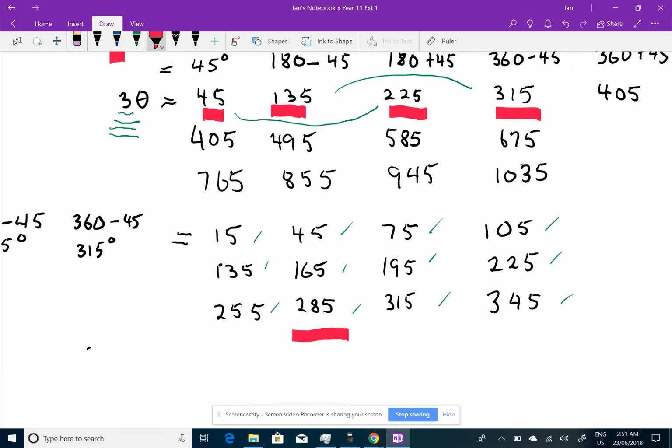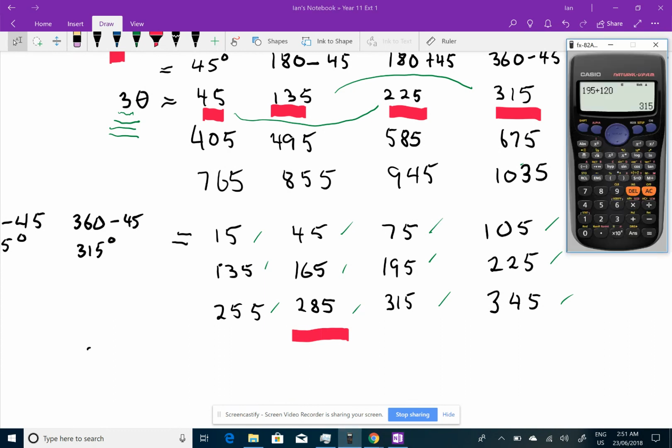So let's get our calculator. First thing I'm going to do, I'm going to put a bracket because I'm going to square it. Tan 3 times 285. Close that bracket. Close the other bracket. Now I have to square that.